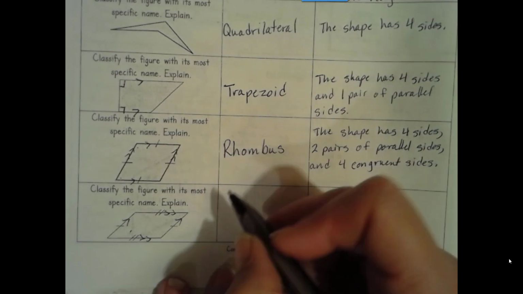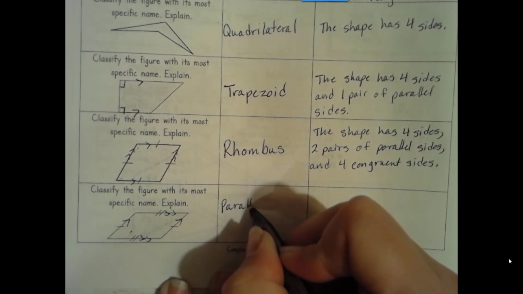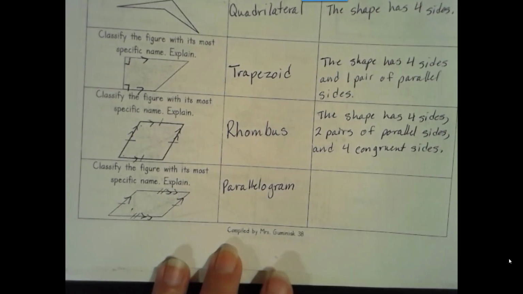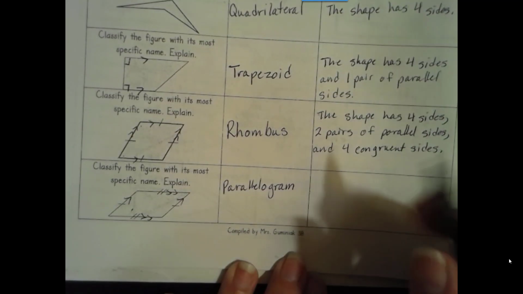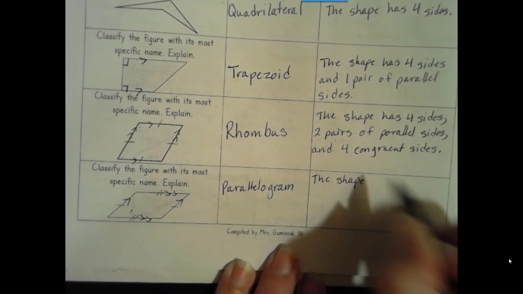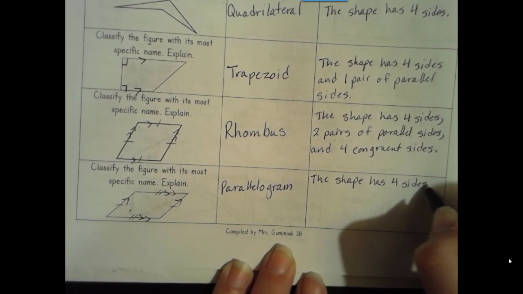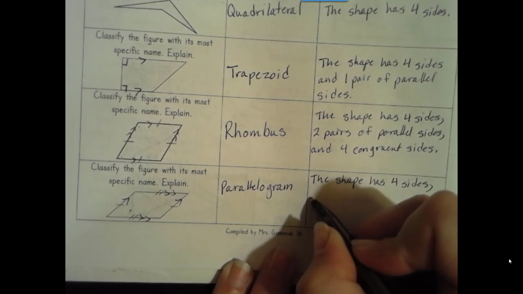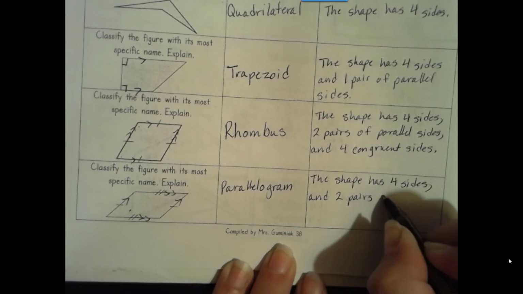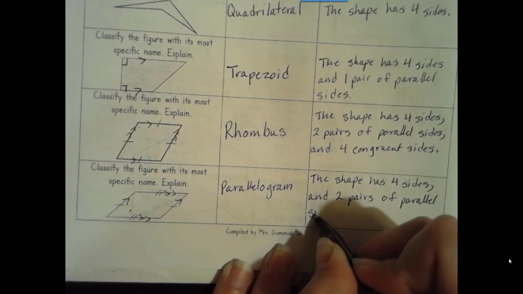So the most precise name would be a parallelogram. The shape has 4 sides, and 2 pairs of parallel sides.